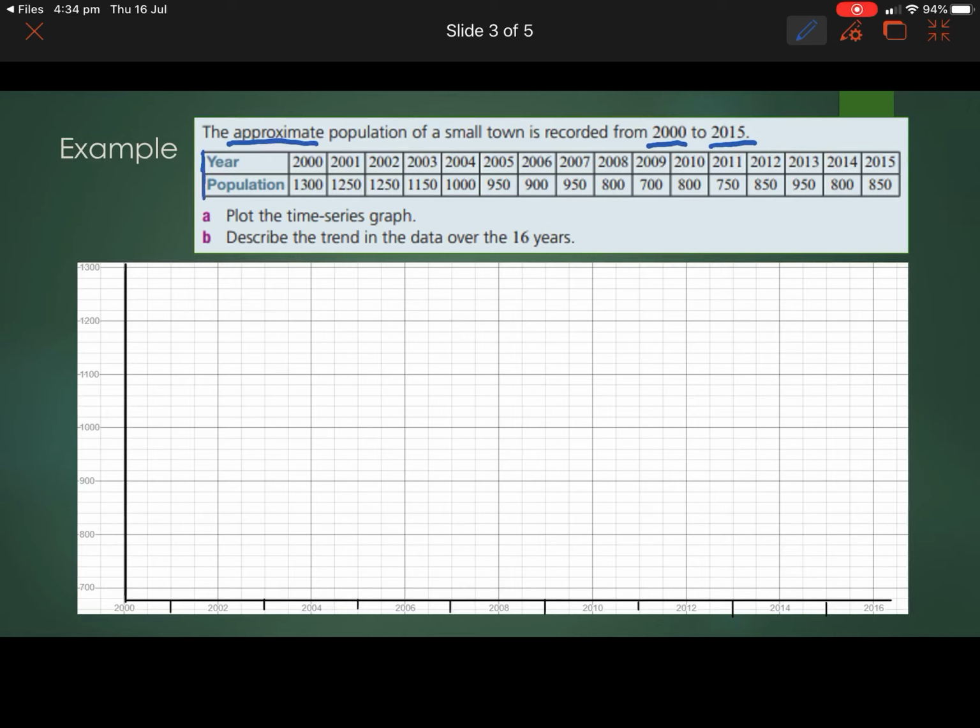I've already got my graph here so it's easier, but you need to be able to draw this. Looking at year or population, which one shows time? It would be this top one, year. Years show an increment of time, and like we know from the notes, time goes down the bottom.